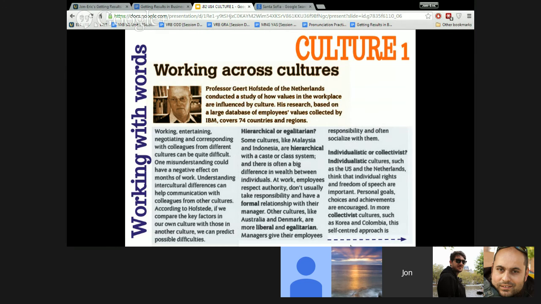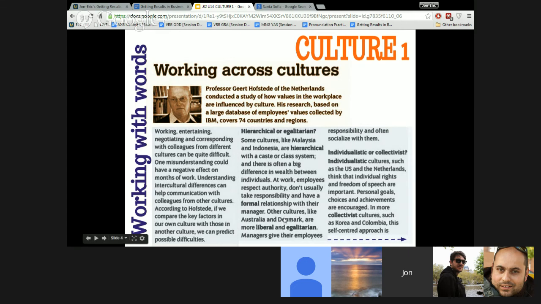According to Hofstede, if we compare the key factors in our own culture with those in another culture, we can predict possible difficulties. Compare the key factors in your culture to another's. That's the idea. Fabio, take the second column, please.